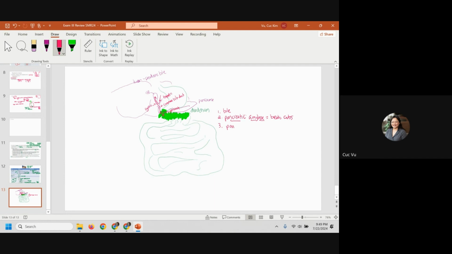Okay. Then you have what? Pancreatic lipase, I heard. Trypsin, chymotrypsin. Carboxypeptidase. Trypsinogen. Carboxypeptidase. What else?